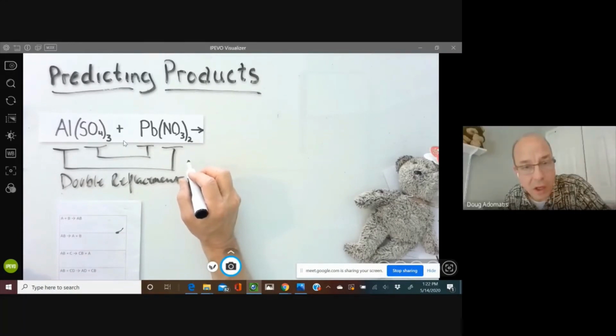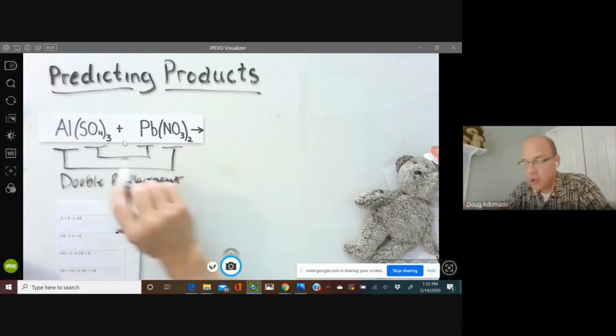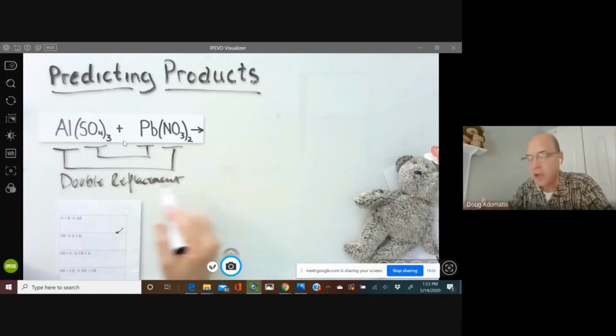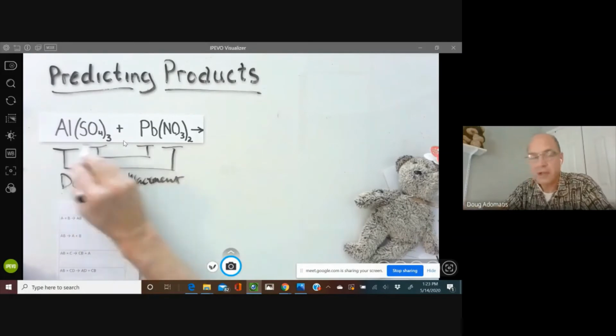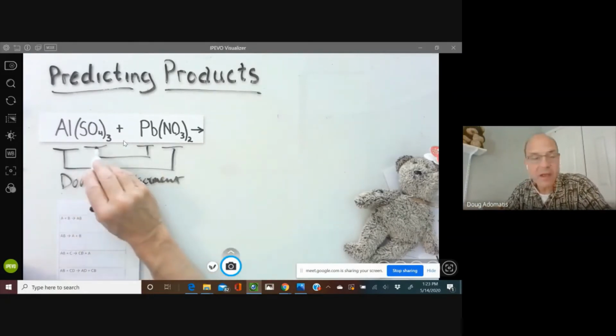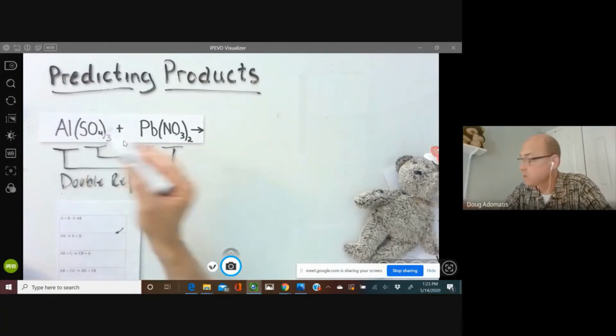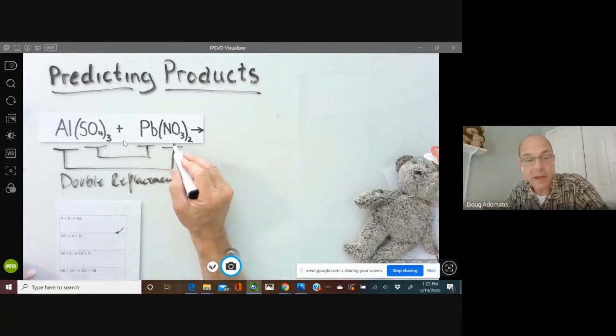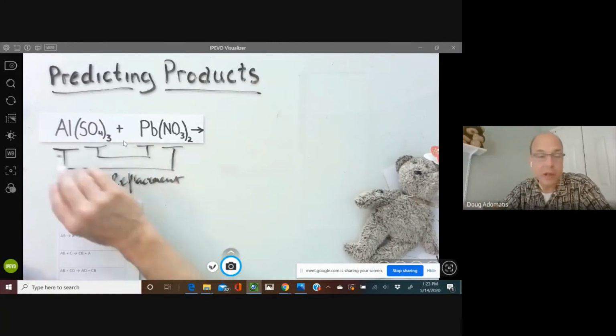And you go, huh? Aluminum sulfate and lead nitrate. We went through the unit on nomenclature. You listen to the words, you can interpret what I just said. Sulfate is a polyatomic ion. You could have looked that up on your list of polyatomic ions. Nitrate is a polyatomic ion. You could have looked that one up, and you know what aluminum and lead are, right?